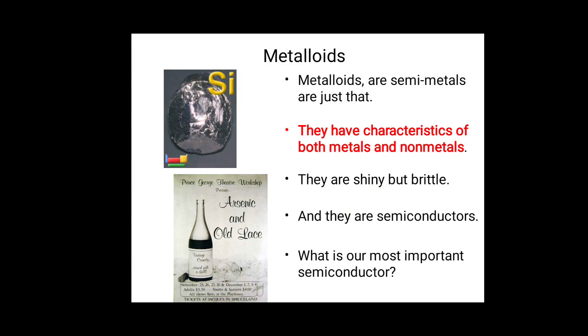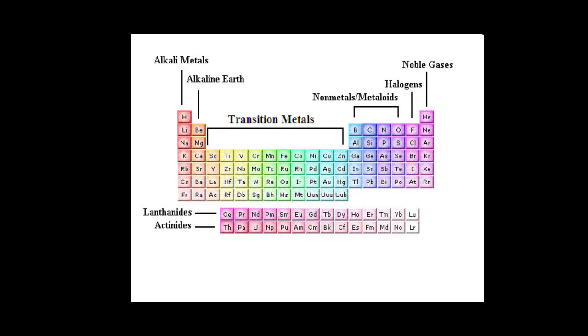Metalloids are semi-metals, meaning they have characteristics of both metals and non-metals. They are shiny but brittle, and they are semiconductors. See here, the periodic table: alkali metals, alkaline earth metals, transition metals, then non-metals and metalloids.